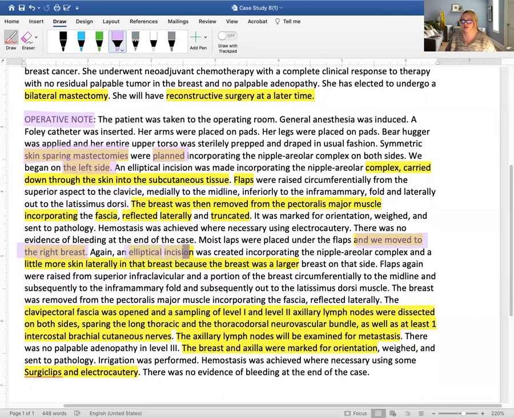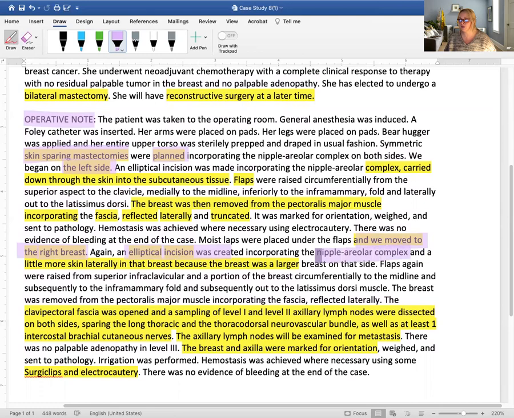An elliptical incision was created. I might ask myself, what is an elliptical incision? This is talking about the actual type of cut that they made, and it's not necessary for most procedures for us to know the type of incision. However, if you're uncertain, take a look and see what it says in your medical dictionary or on Google. And remember, Google is your friend, but never marry her. Now, this was incorporating a nipple areolar complex.